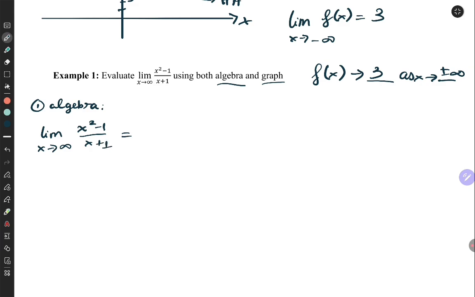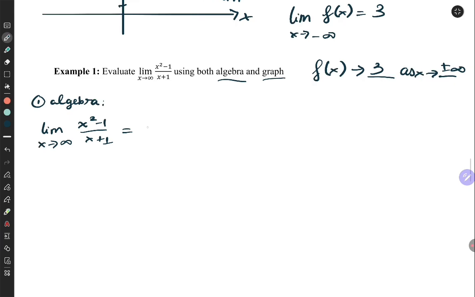What do we do? Difference of squares, right? The numerator is x minus 1 times x plus 1. Clearly, there you go, difference of squares. And down here, x plus 1. Cancel.